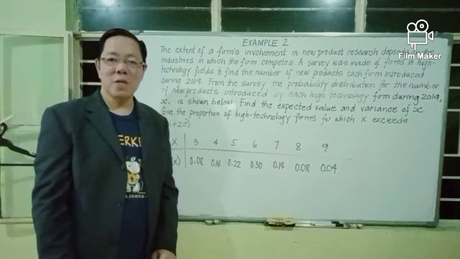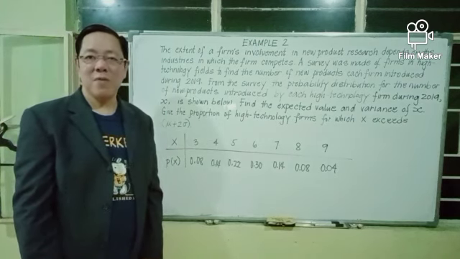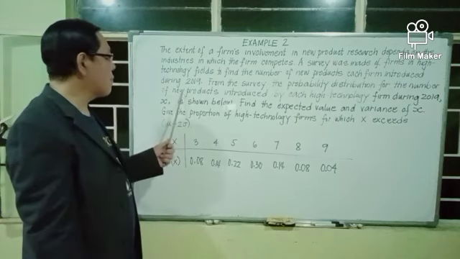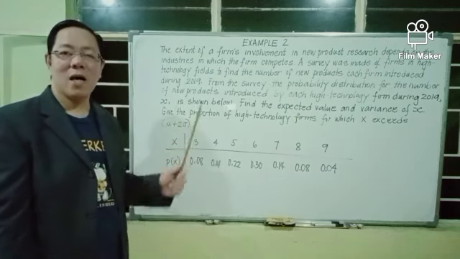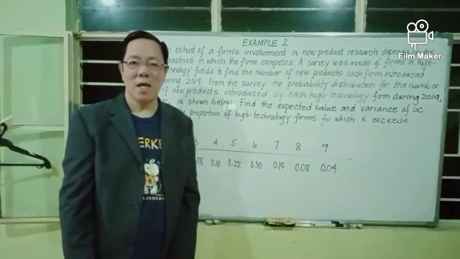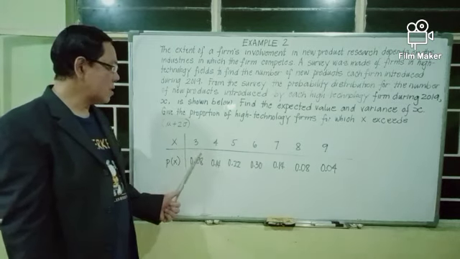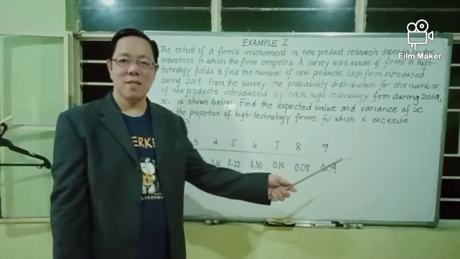In this particular problem, the discrete random variable X is defined to represent the number of new products that each high technology firm introduced during the year 2019. The possible values of X are 3, 4, 5, 6, 7, 8, 9.